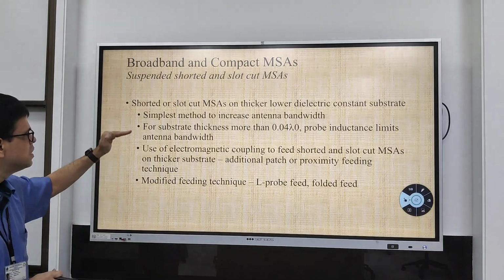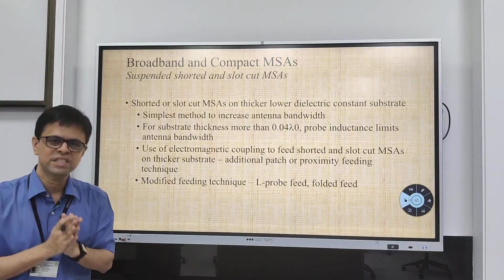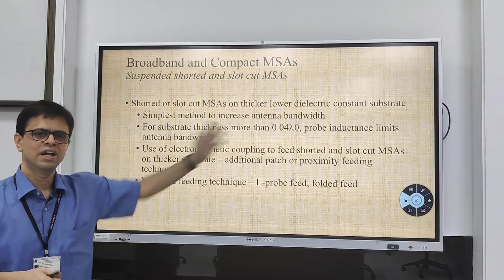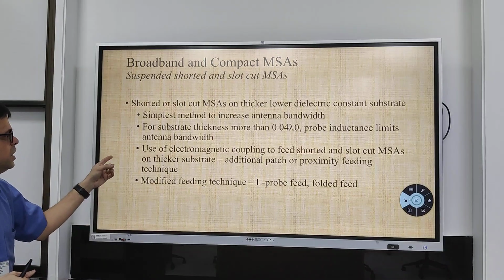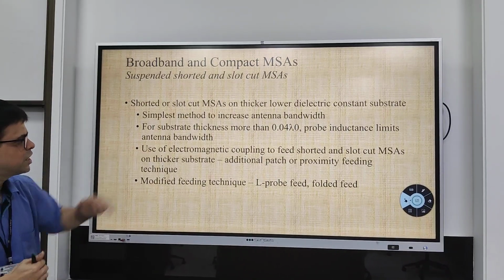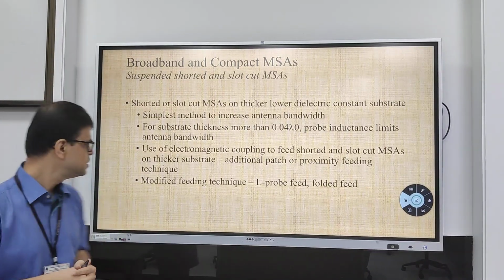So this particular configuration is generally used for substrates which are limited in their thickness to 0.04 lambda naught. Further, use of electromagnetic coupling from the feed to the shorted patches or the slot cut patches increases the bandwidth in these designs.